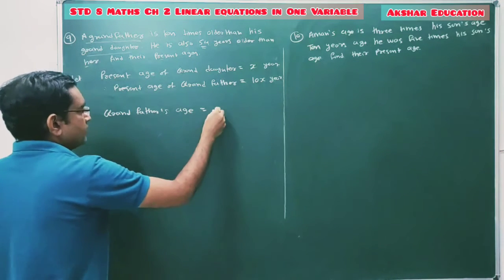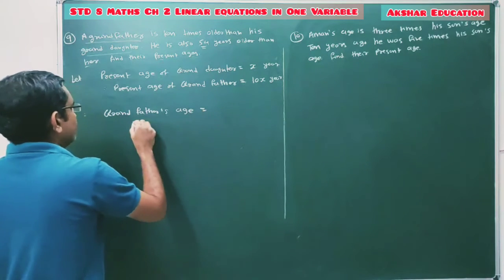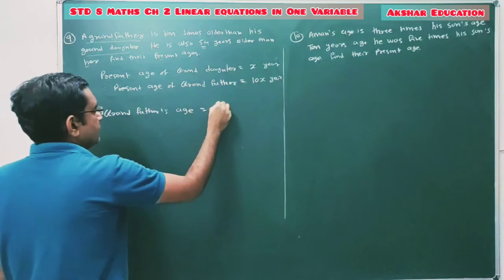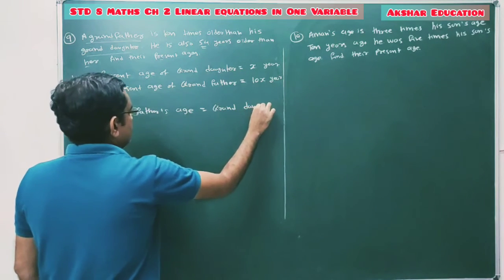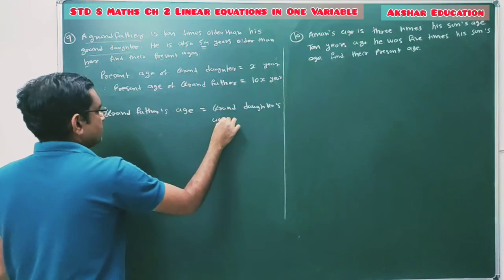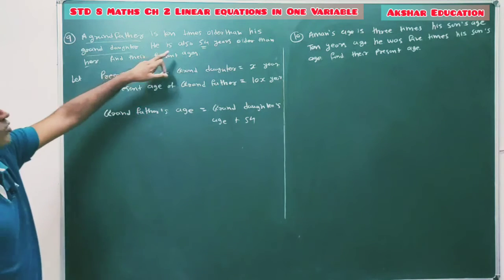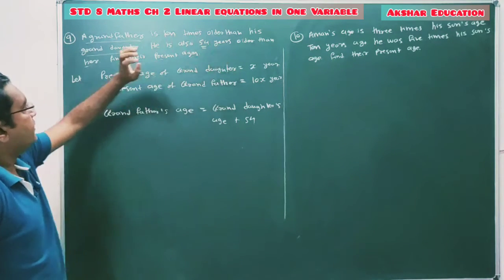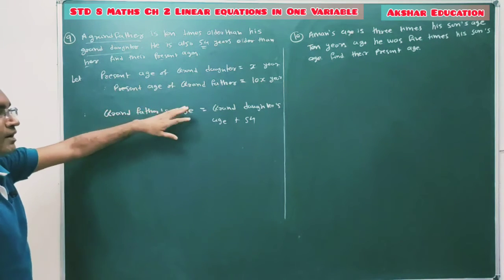To make both ages equal, we have to add 54 to the age of granddaughter. So grandfather's age will be granddaughter's age plus 54. Grandfather is 54 years older than granddaughter.